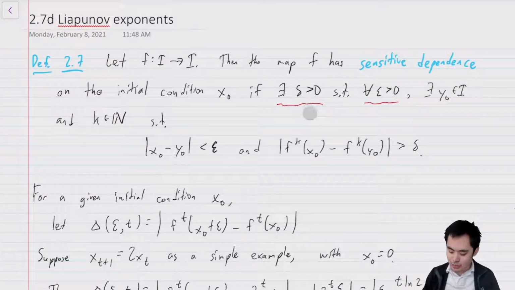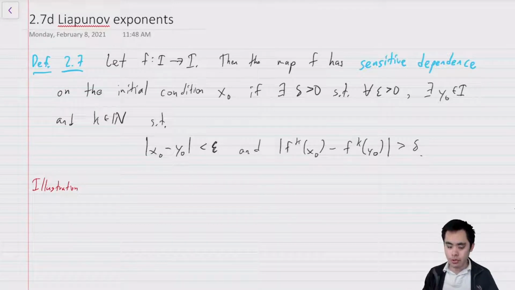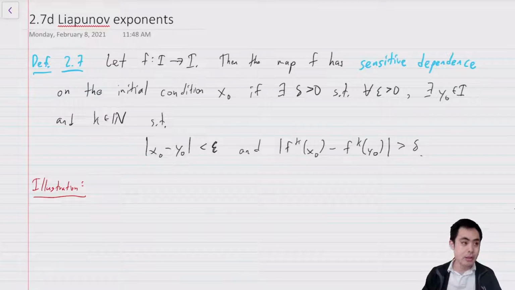Let's draw this out to make it a little bit more clear. Let's give an illustration. And I'm not going to draw this on the real line. I'm going to draw this in R2 just to make the illustration a little bit easier to draw. So let's suppose we have some point x naught, and we have some other point, let's call it y naught, that starts out close.